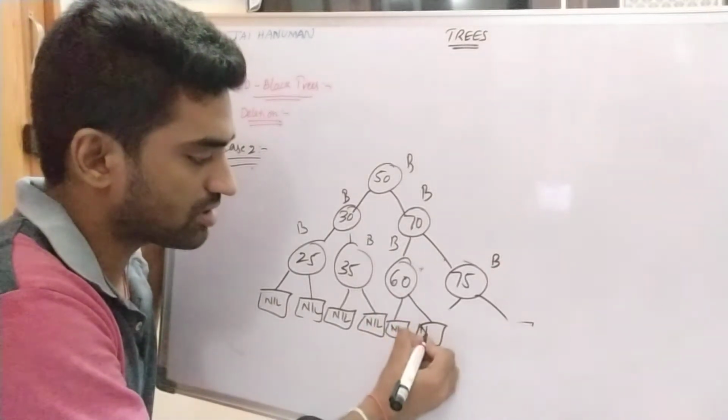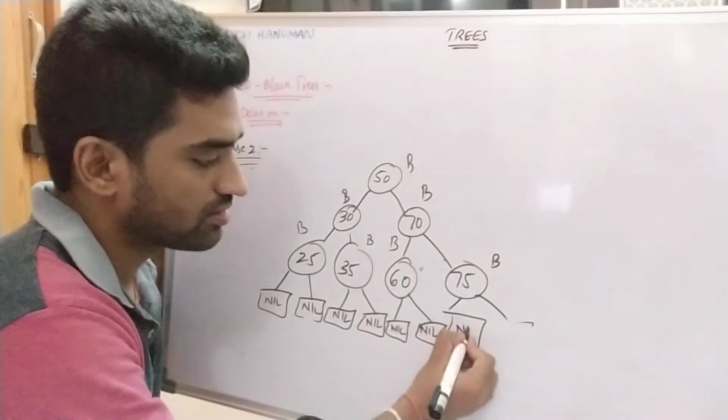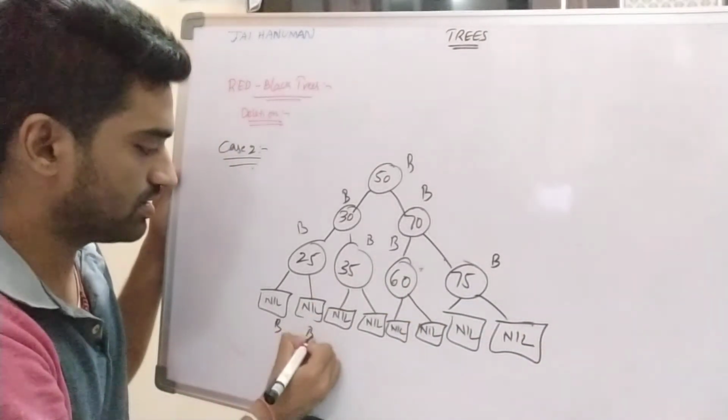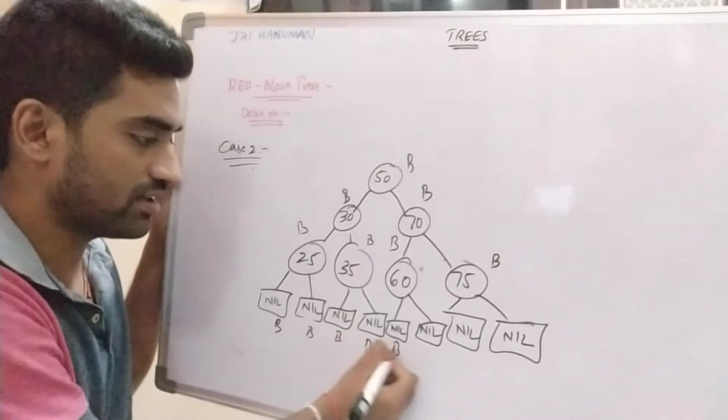Here I am considering this as one tree, that is a red black tree, right? All the leaf nodes are nil nodes, which are labeled black.